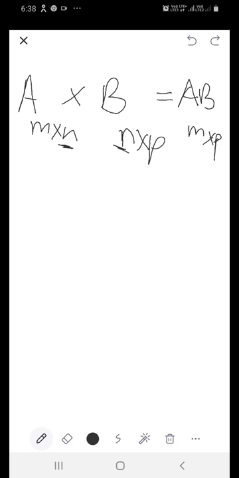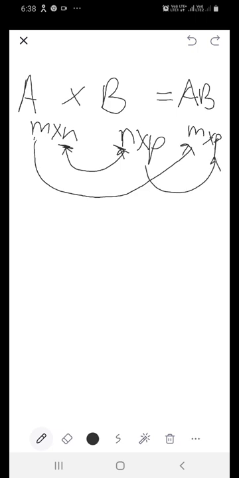The columns of the first matrix are equal to the rows of the second matrix. The rows of the first matrix are equal to the rows of the product, and the columns of the second matrix are equal to the columns of the product. This is how you get the order of the product.